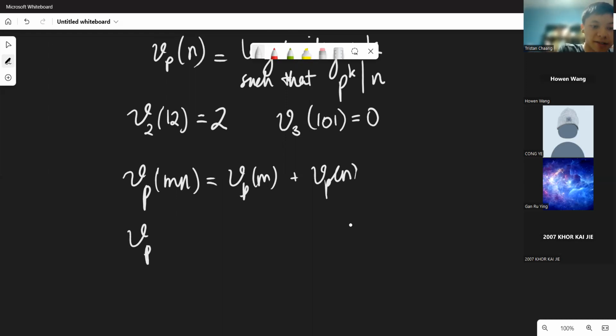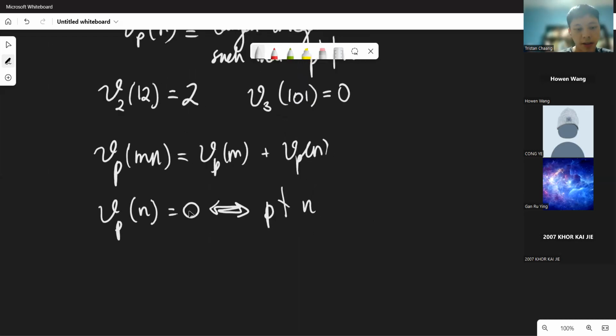Some other things, such as VP of n is 0 if and only if p does not divide n. Right? Yeah, because it's quite obvious. Then VP of n is k. Let's say you want to prove that the VP of some number is k.